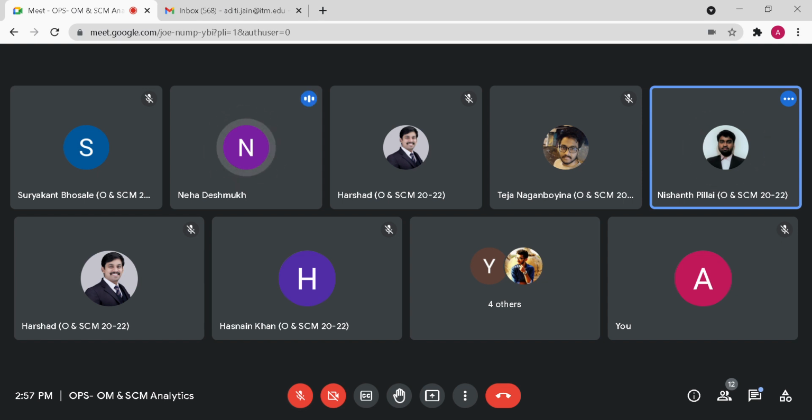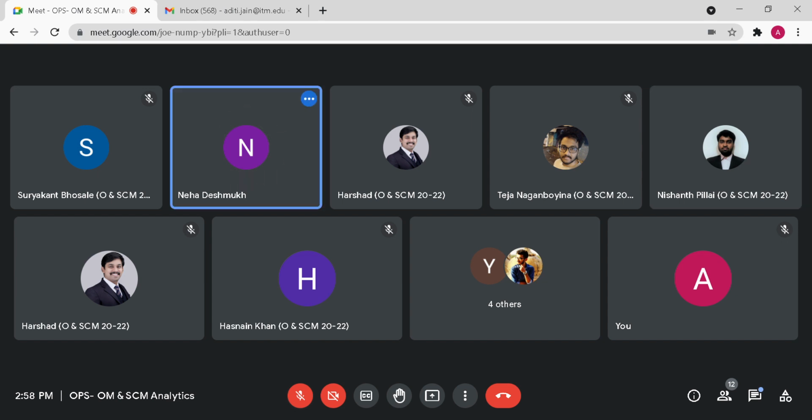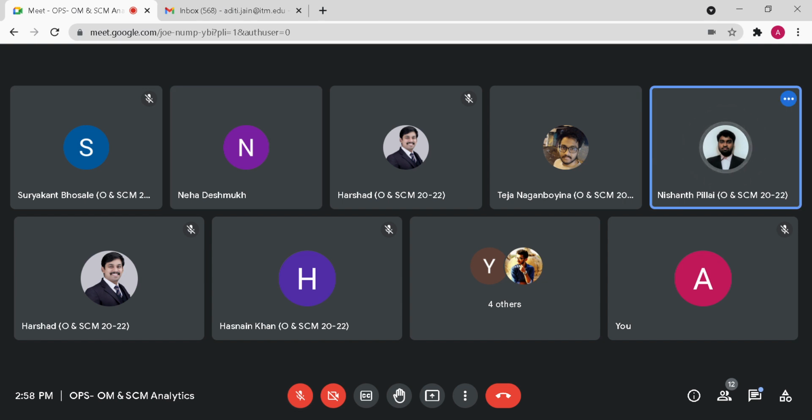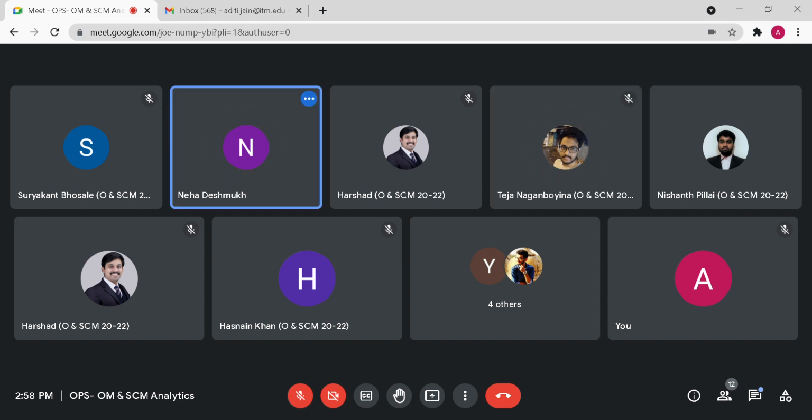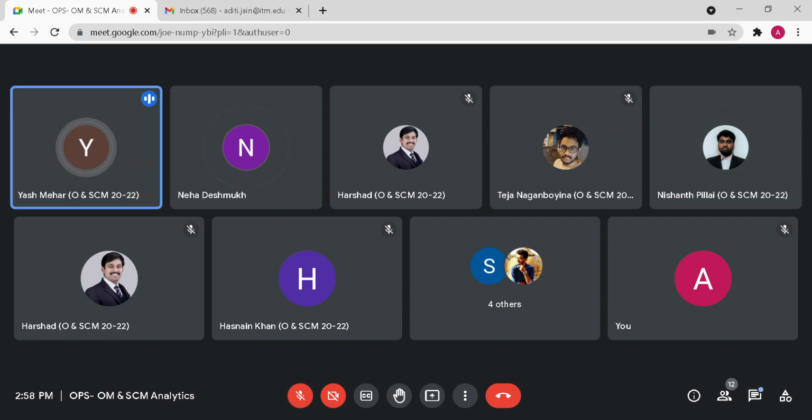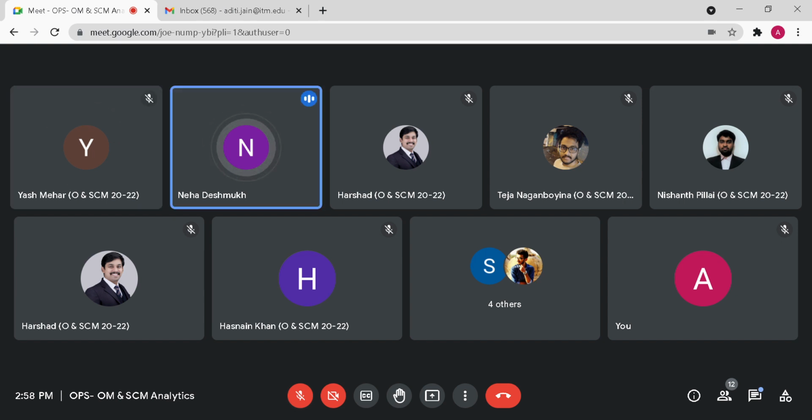Can you please share your screen? Anshul. Ma'am, Anshul is driving right now. Sushant. Excuse me, ma'am, I'm in college, so I can't present the screen. I came here for document verification. Okay. What about Aditi?